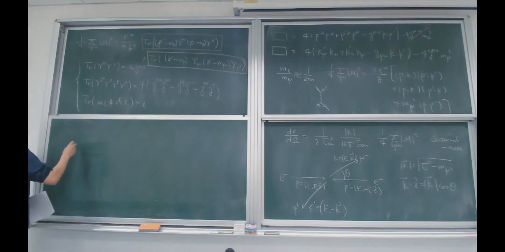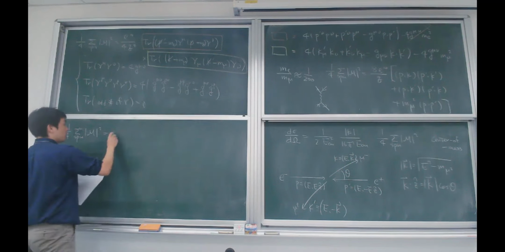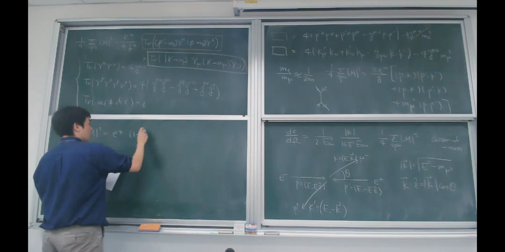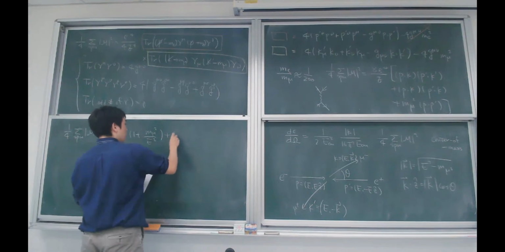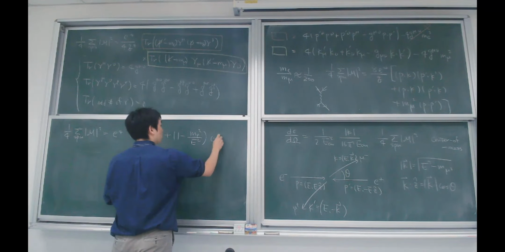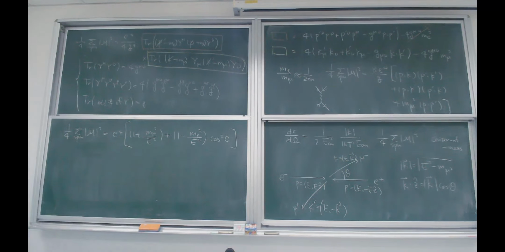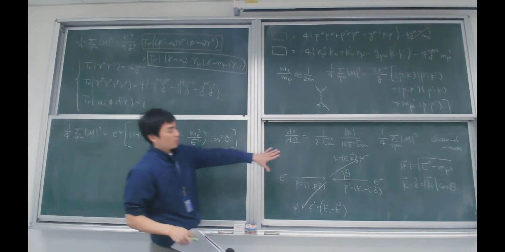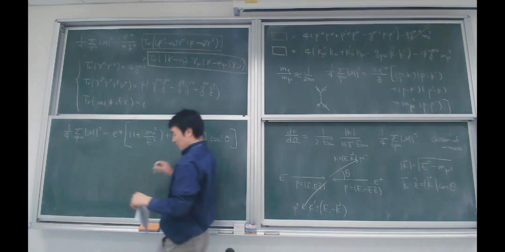So you just need to follow: a quarter of the spin sum of the matrix element squared is equal to e to the fourth. So this is what's written in the lecture notes. I mean, the derivation is super easy. I would just bore you if I did the computation. This is what you get if you plug everything into here.